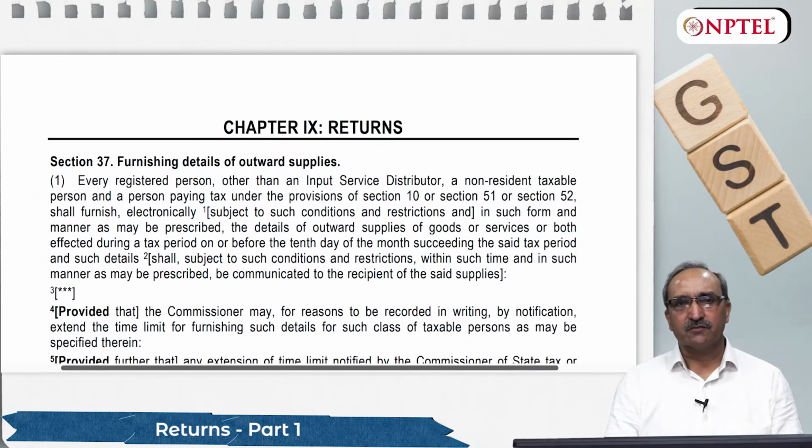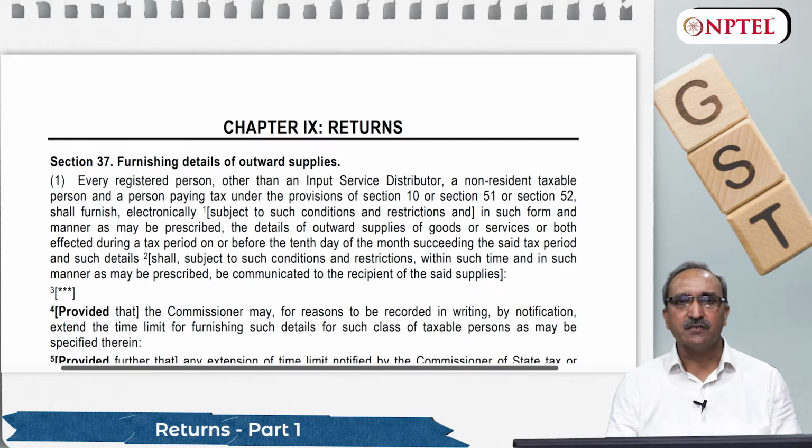So if I take you to the CGST Act provisions, Section 37. Section 37 of CGST Act talks about furnishing details of outward supplies. In any business, we either supply goods or we provide services.